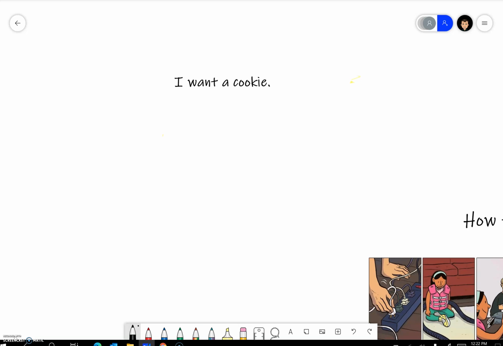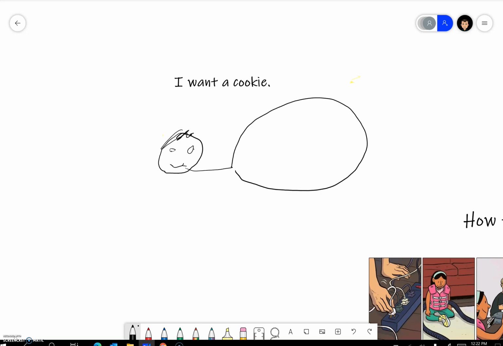Now the first way we can include this speech in our text is to do a picture with a speech bubble. So maybe I'll draw a picture of Mr. Haynes here, okay, and I could do a speech bubble and I would put, I want a cookie.